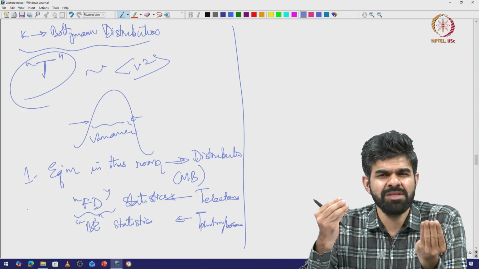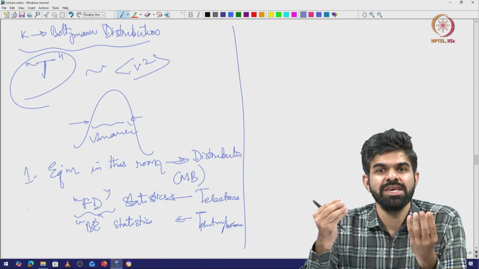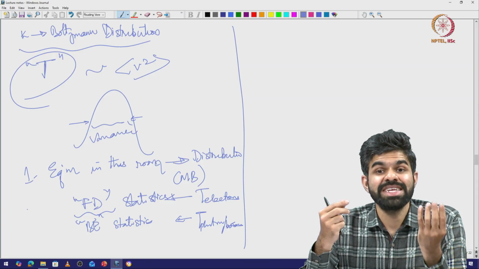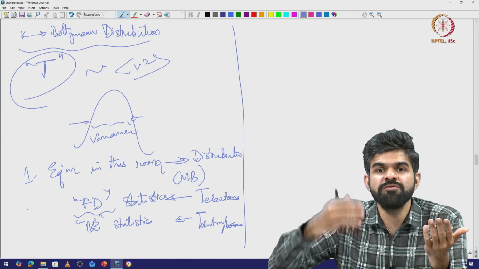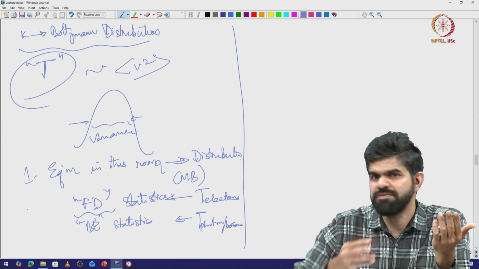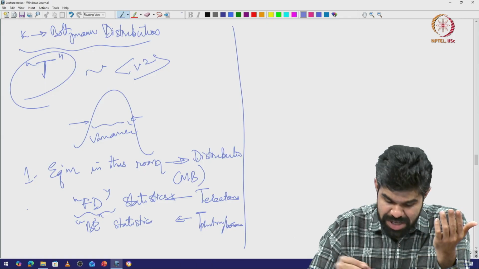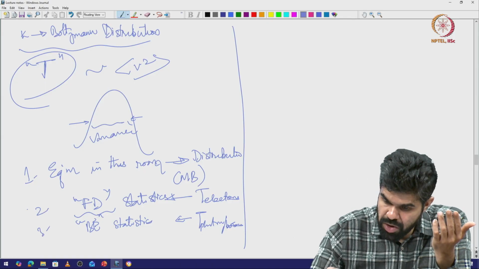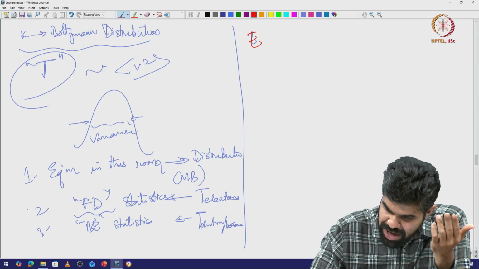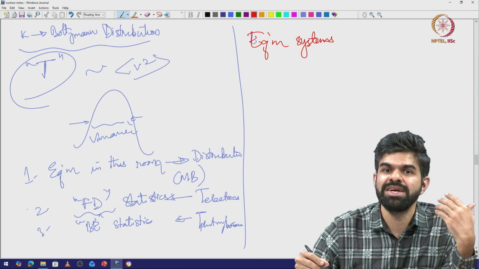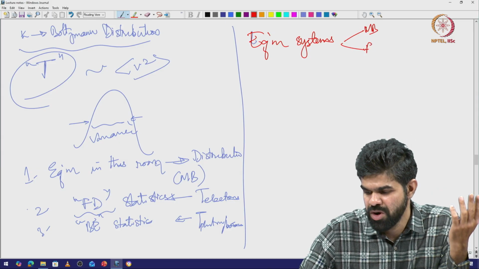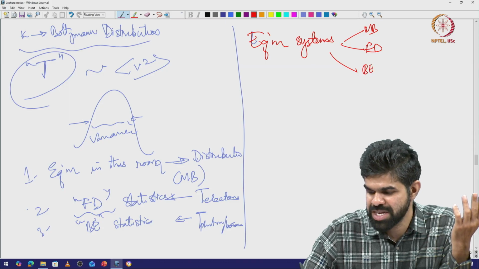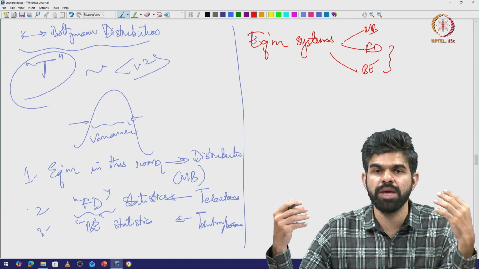But temperature is something which is not fundamental in statistical mechanics. It is defined for equilibrium systems, and an equilibrium system should follow one of these three distributions, right. So everything is a distribution. In StatMech the definition of equilibrium systems is that they follow Maxwell-Boltzmann or Fermi-Dirac or Bose-Einstein statistics, based on what type of particles these are.